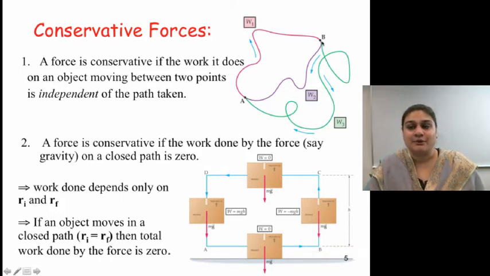Or, on the other hand, I move it back from point B to point A. They are completely different paths, but if the work required to move it from one place to another has no loss of energy, then that basically means this is a conservative force. The other case: let's say I wanted to move this box from point A to B to C to D and back to point A, and there's no net work done in moving it all the way around. This is called a conservative force.